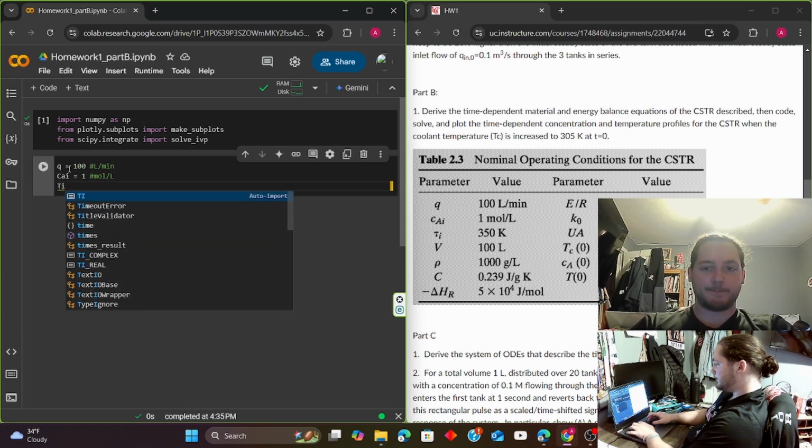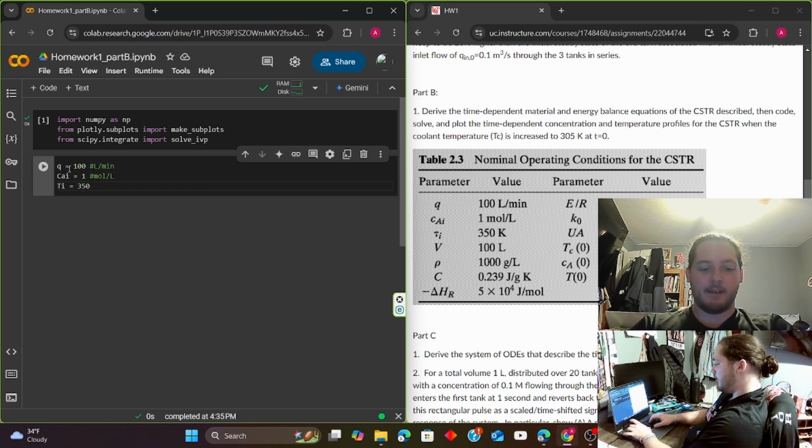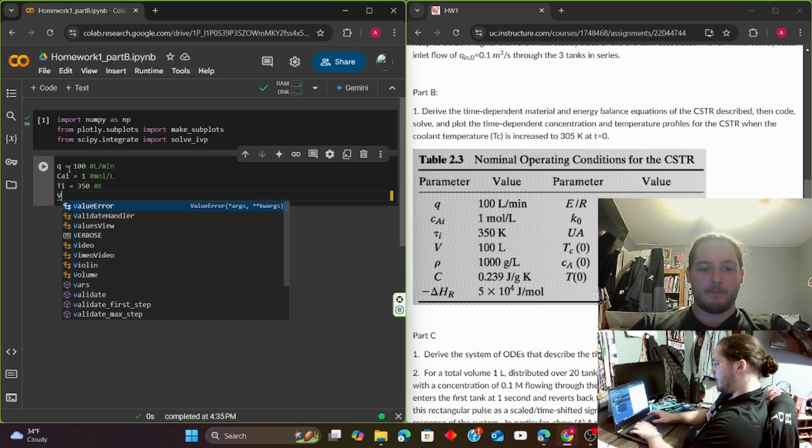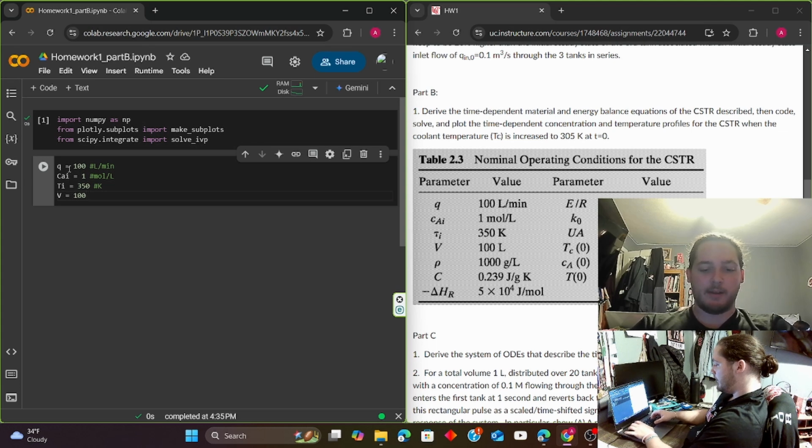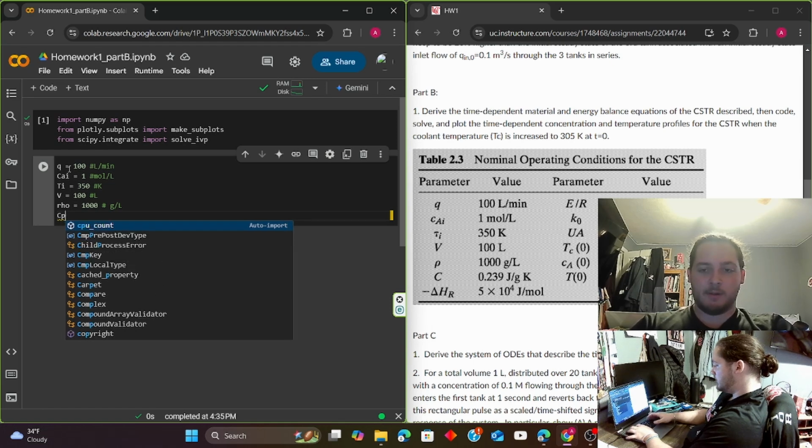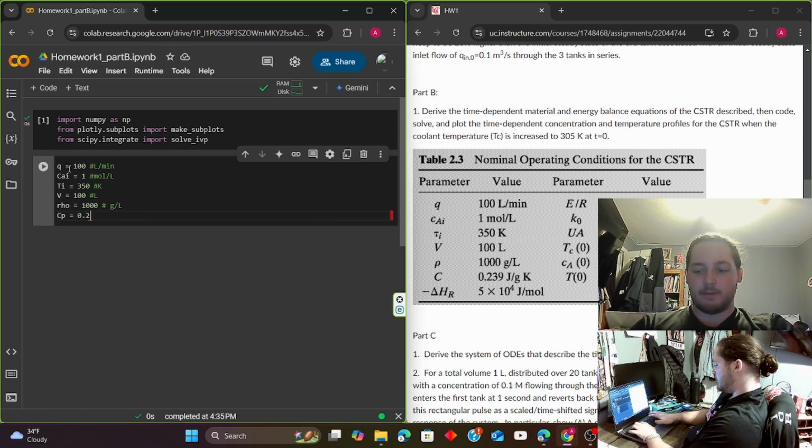Our initial temperature is equal to 350 Kelvin. Volume is equal to 100 liters. Rho, or density, is equal to 1,000, the units of grams per liter. Our specific heat capacity, I'm going to call that CP just for the code, is equal to 0.239, and that is joules per gram Kelvin.